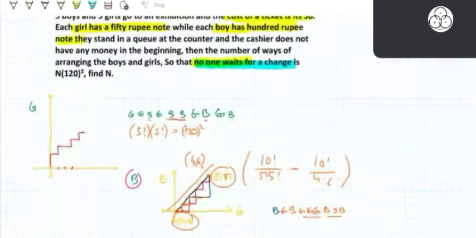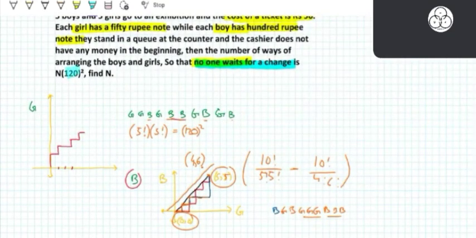This was the original question, definitely. So that's why the difficulty of this question increased enormously. And what is the value of n? We can easily correlate that this is the value of n, this value.